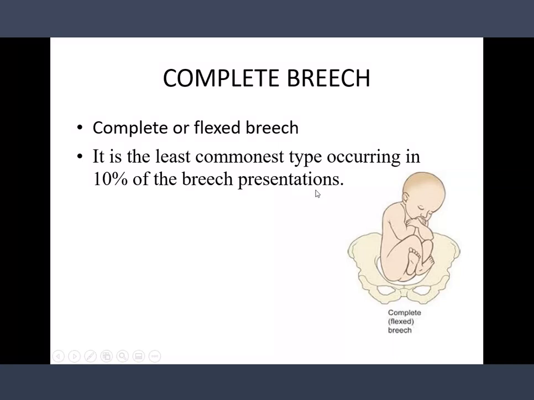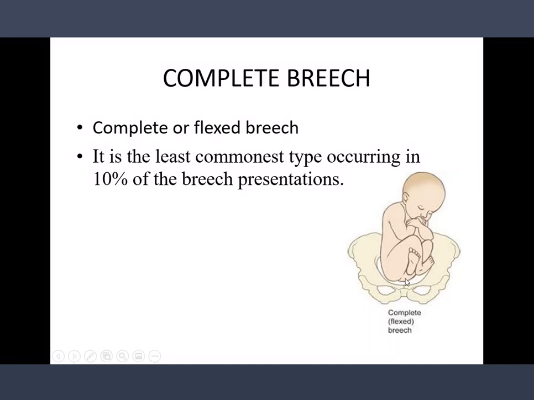Most commonly seen in multigravida because of the lax abdominal wall muscles as well as the poor tone of the uterine musculature. And this is the presenting part. Presenting part is nothing but the part which is occupying the lower pole of the uterus.